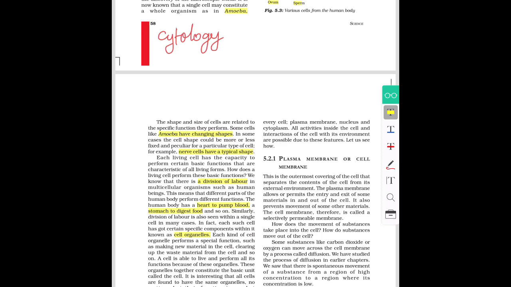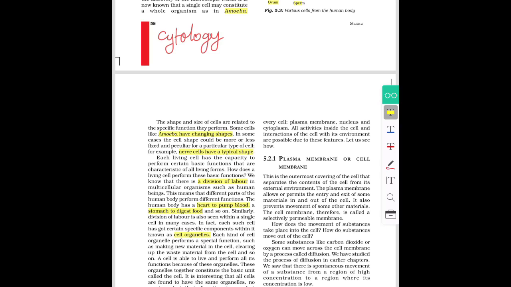A cell is able to live and perform all its functions because of these organelles. These organelles together constitute the basic unit called cell. It is interesting that all cells are found to have the same organelles, no matter what their function is or what organisms they are found in.